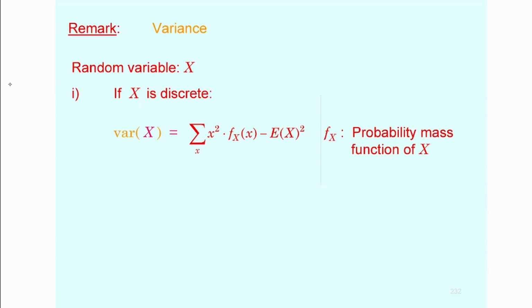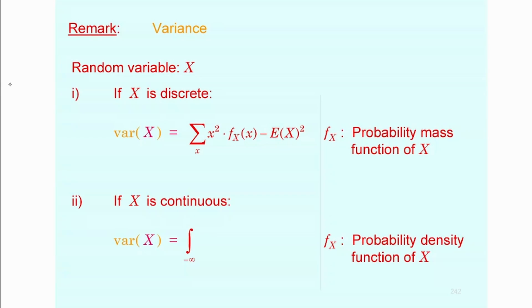I'm going to do that for a discrete case, so don't worry if you're not sure what this means. If X is continuous, then you would simply replace the sum by the integral, and the probability mass function by the density function, and let's assume that it exists. We call the random variable continuous if its cumulative distribution function is absolutely continuous, because then it is made sure that its density would exist, without loss of generality, of course.